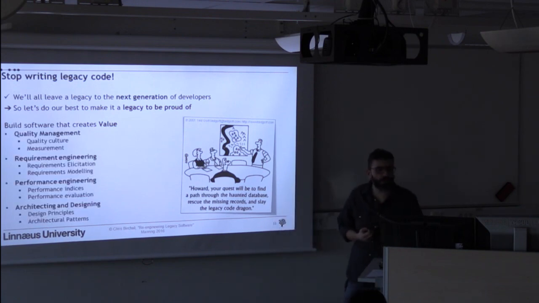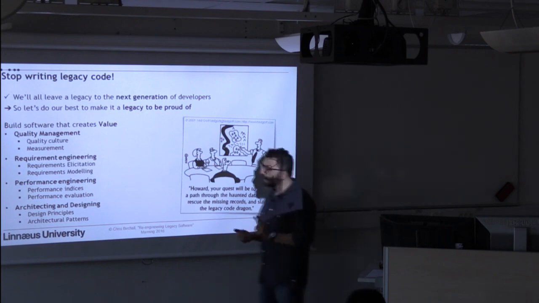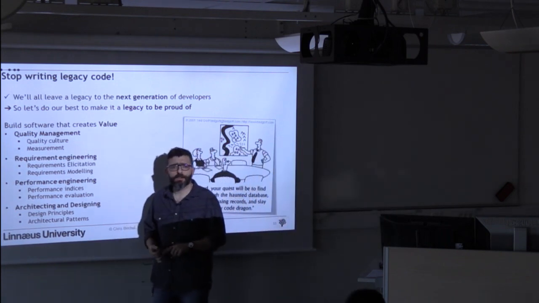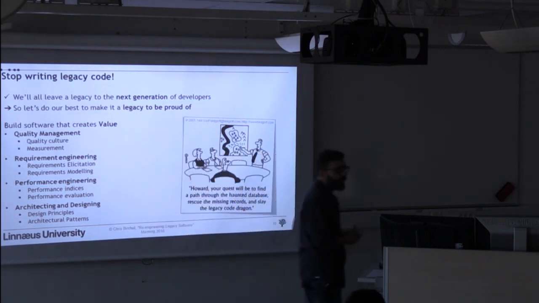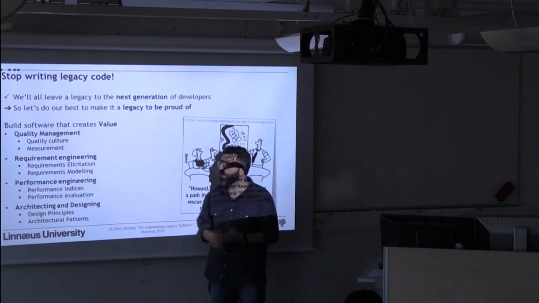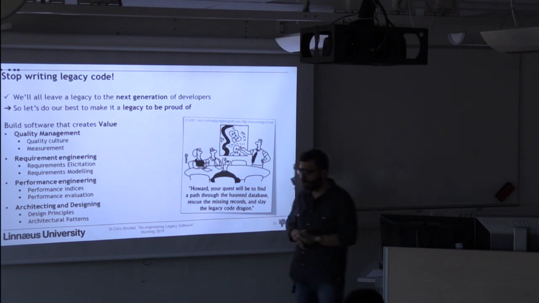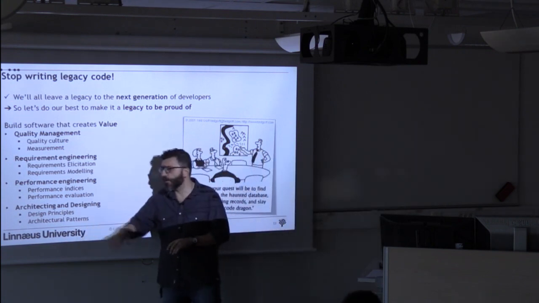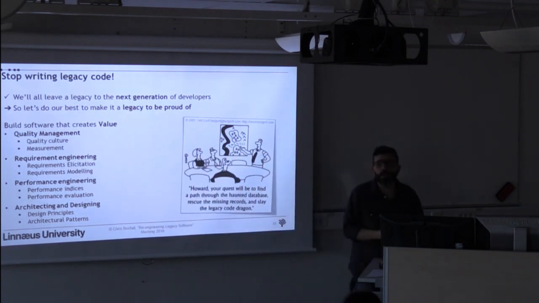We can do this only if we apply everything we discussed during the course: start developing the quality culture, start understanding and measuring the software, and apply the requirements engineering methods and practices that you learned during the first module, all the performance engineering practices that you discussed during the second module, and design principles, architectural patterns, and so on and so forth. So that's the aim.